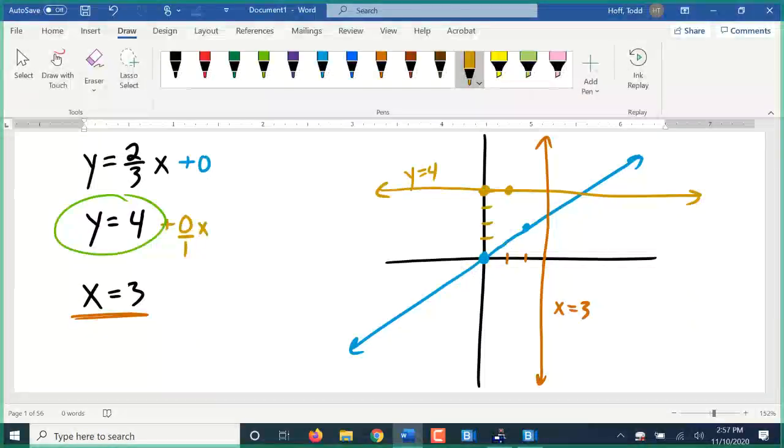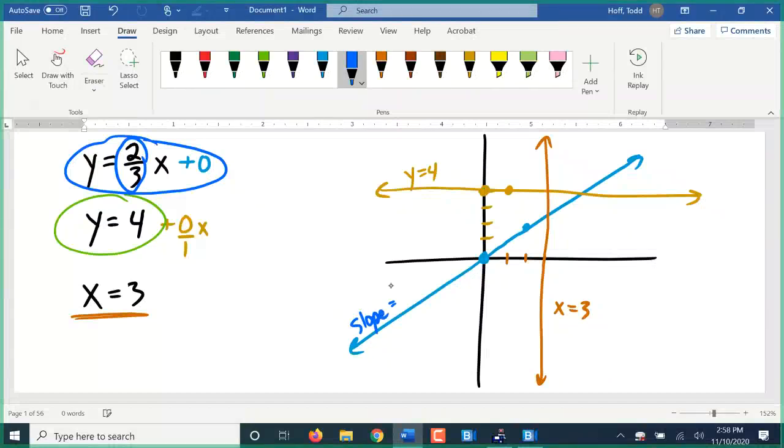So now the question is, what are the slopes of each of these lines? Well, the first one here is relatively obvious. It's still 2/3 times x. That has a slope of 2/3. It's the other two that are a little less obvious.